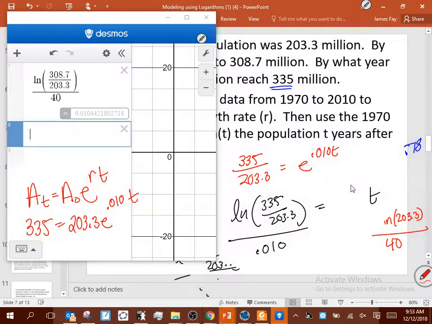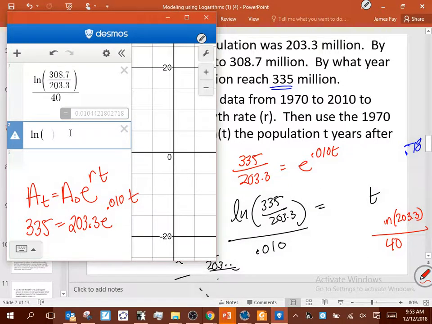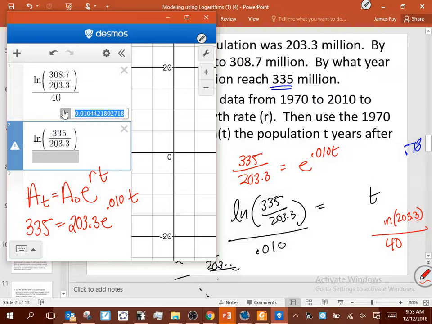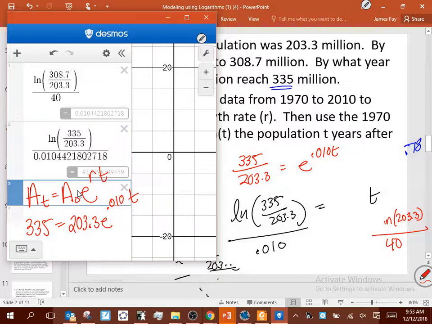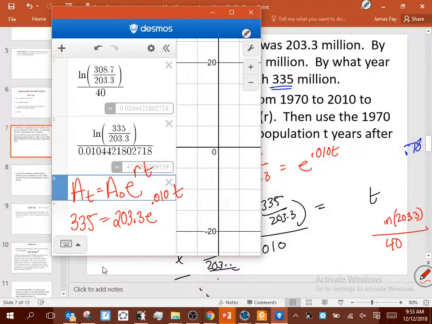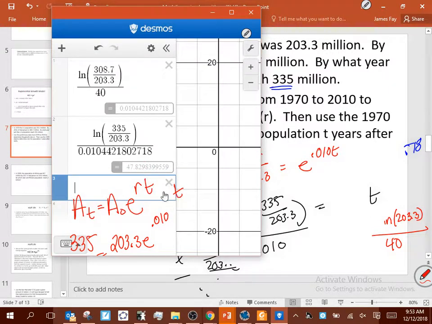So what I'm going to do is I'm going to take ln of 335 divided by 203.3, and I'm going to divide that by, I'm trying to recall this number here, Control C, Control V, divide by that, and it gives me T to be 47 years. Okay?